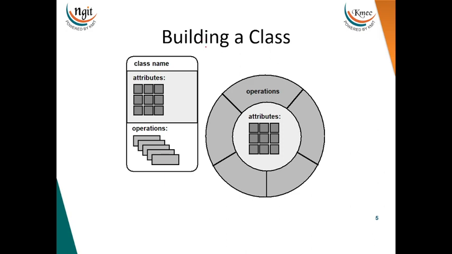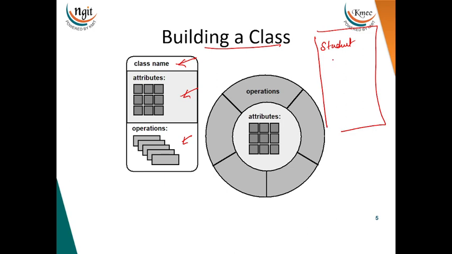Now, how are we going to build a class? As I told you, this is the class name, these are its properties, and these are its operations. For example, if I have a Student class, I'll draw this one. What are its properties, or attributes? Student ID, student name, student address, and student phone number.